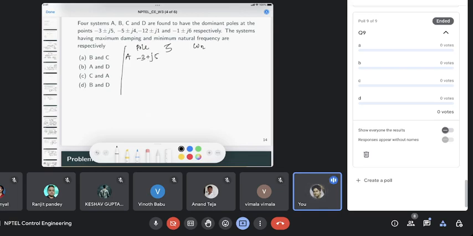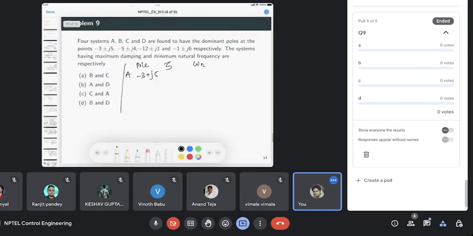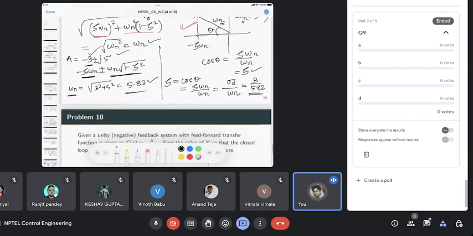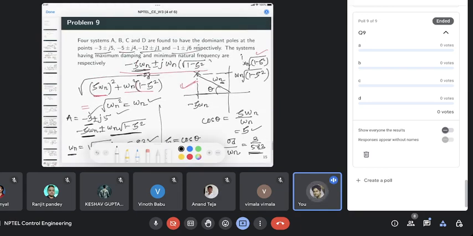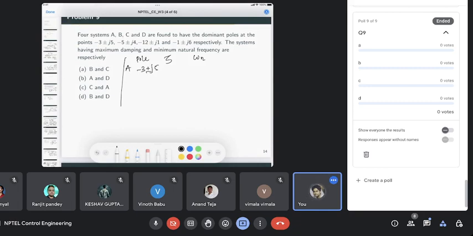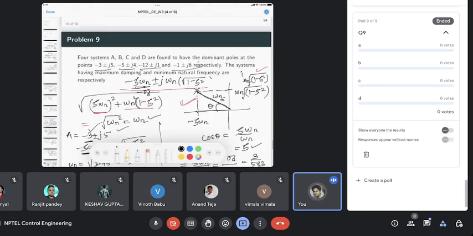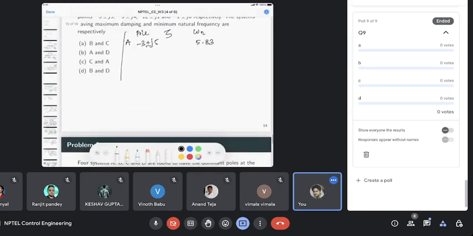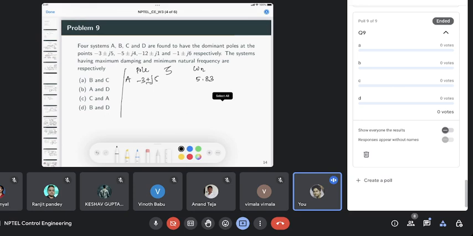So omega n will be this formula, you just square and add them. You just remember this diagram. So it is what we calculated, 5.83, and zeta we calculated as the real part by this omega n, which is 3 by 5.83, which is 0.5146.